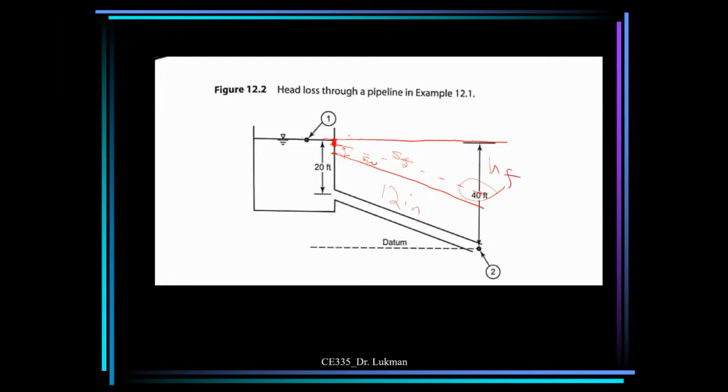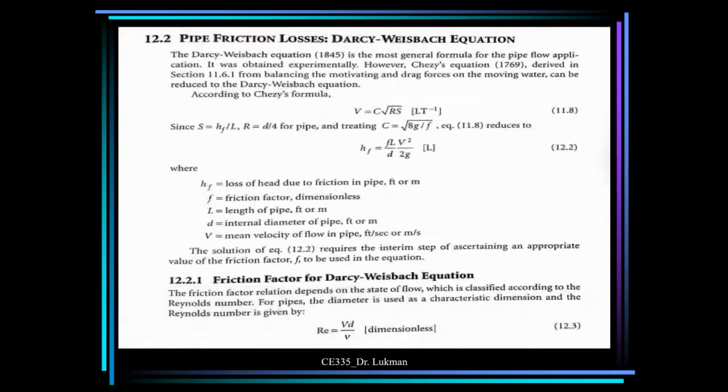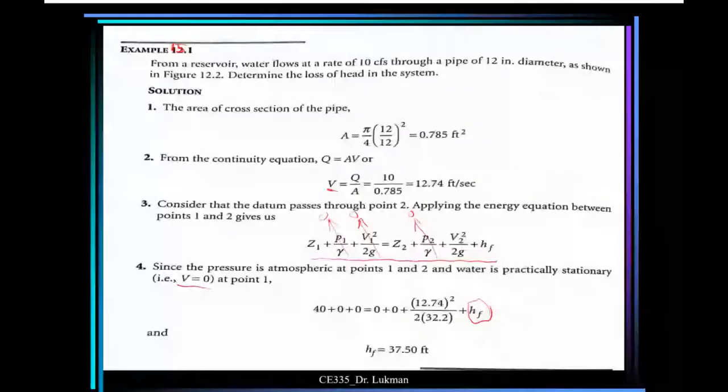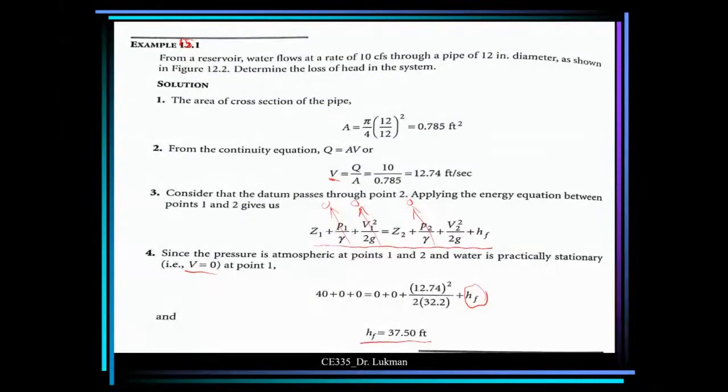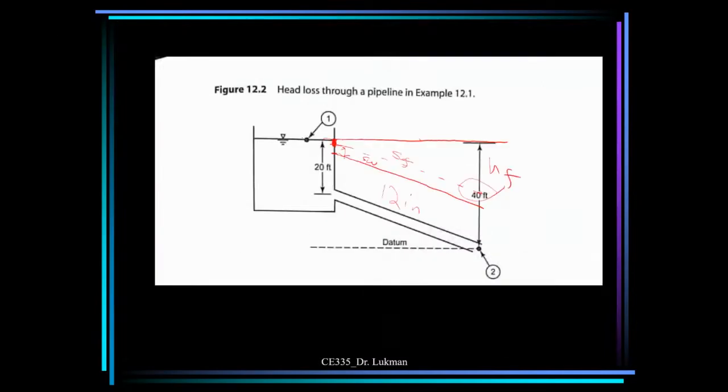You can see as it is flowing, the head loss is increasing. So this is the total head loss due to friction. We neglected minor losses, of course.